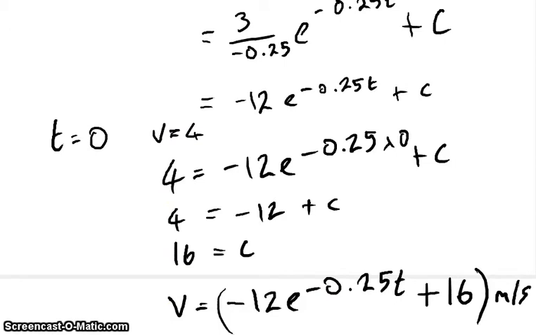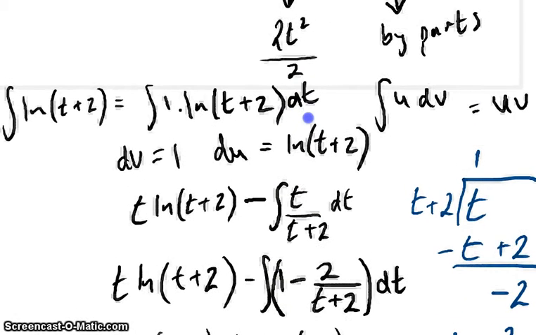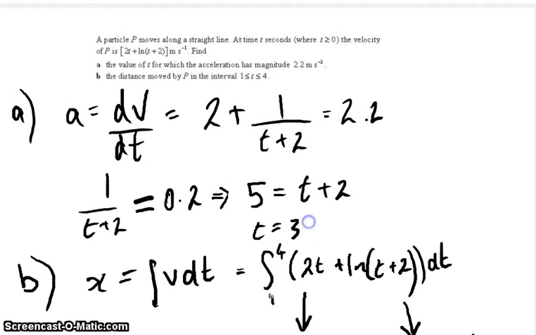On to a slightly trickier question. That was question 1 of the first exercise, and now I'm going to jump all the way to question 12. Exactly the same approach. The only thing is the integrals are a little bit harder. Okay, so here's the question, and here's the idea.